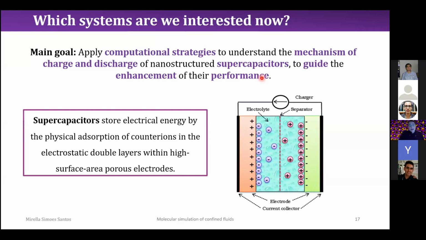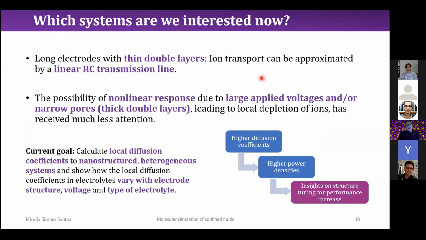Or either that we have, for example, porous electrodes with very small pores where the ions of the fluid that we are considering are interacting in a different way with the electrodes. So if we consider very long electrodes with very thin double layers, we can model these systems very easily with some simple approximations like the linear RC transmission line.